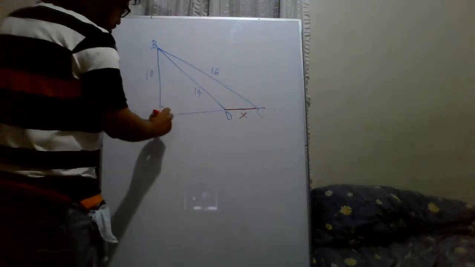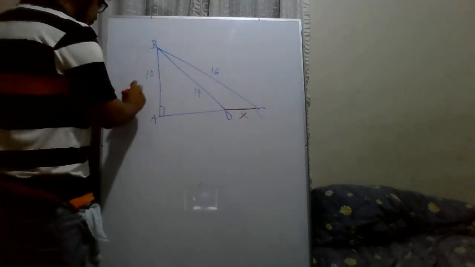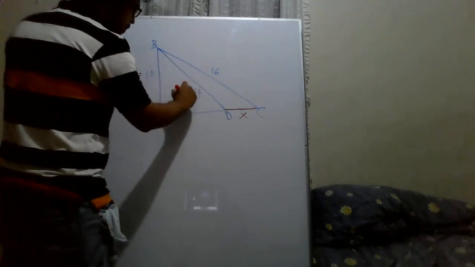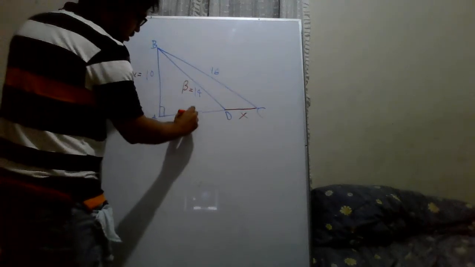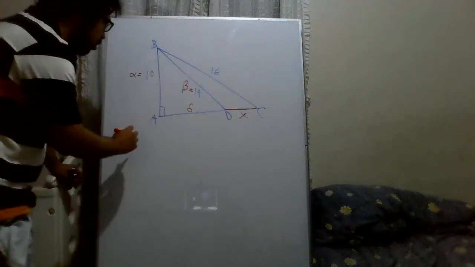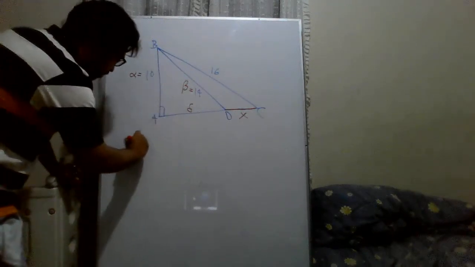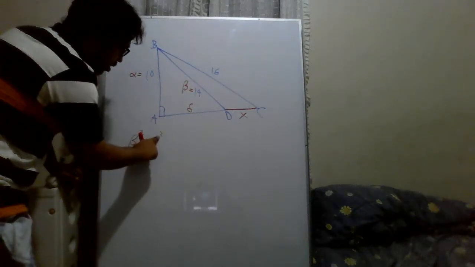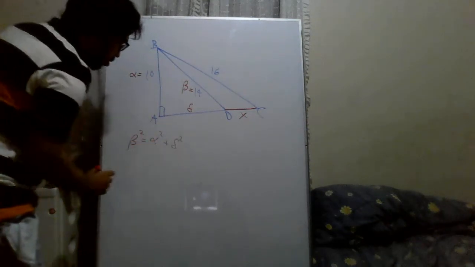So let's call this side alpha, and let's call this side beta, and this delta, okay? So this is the hypotenuse. The hypotenuse squared is equal to the legs squared, alpha squared plus delta squared.